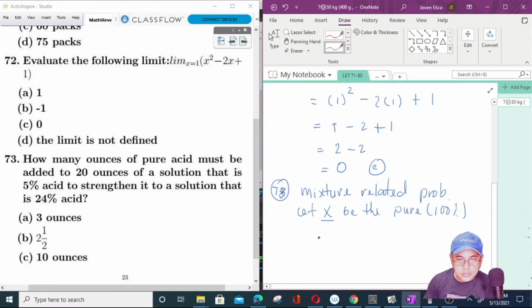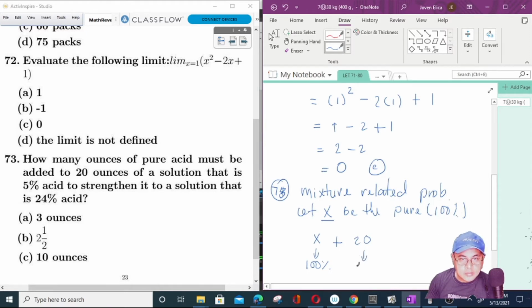So let's say x, the equivalent percentage is 100%. This is unknown, but this is pure. We need a pure 100%. So 100% plus, to be added to 20 ounces of solution. So there is another solution, 20 ounces of solution of acid. What is the percentage?